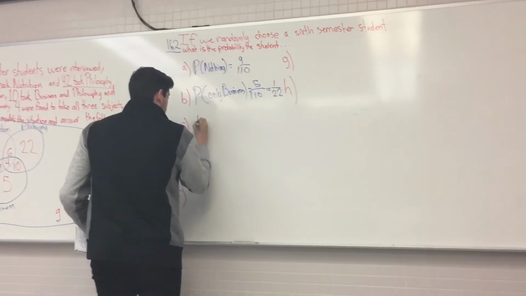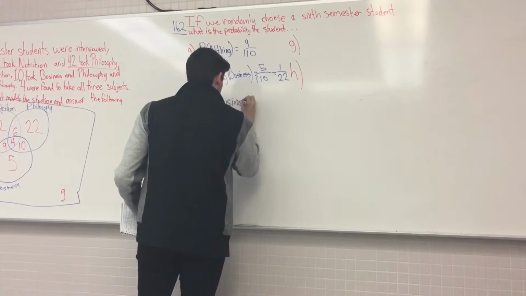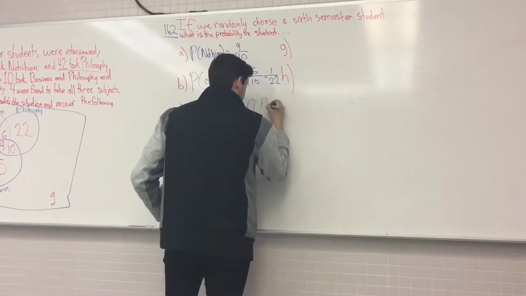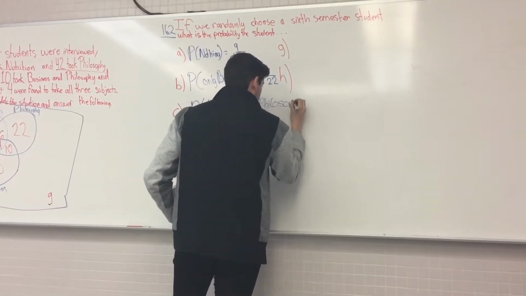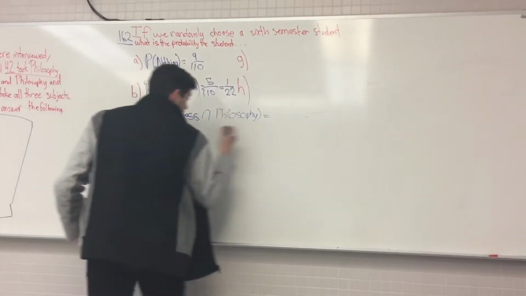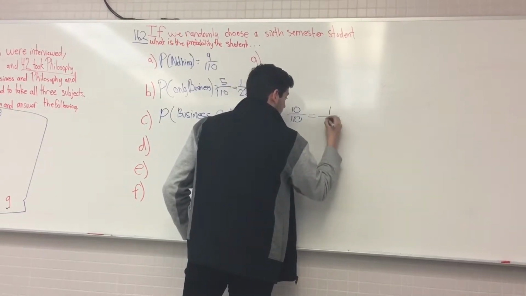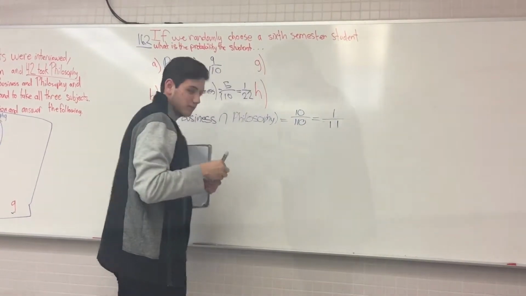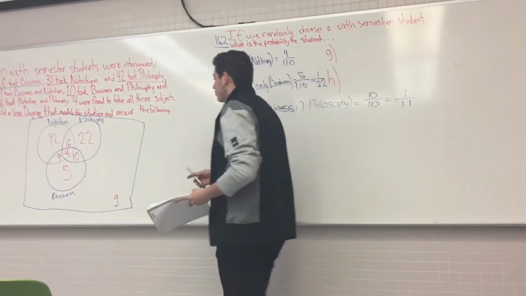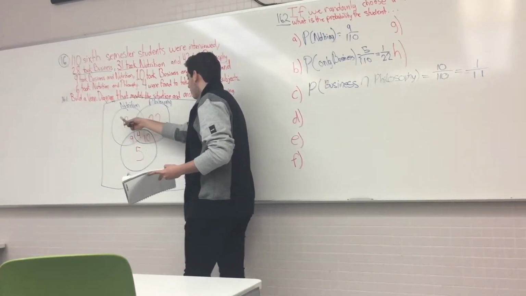So it will be P of business intersection philosophy, being 10 over 110, later simplified as 1 over 11.